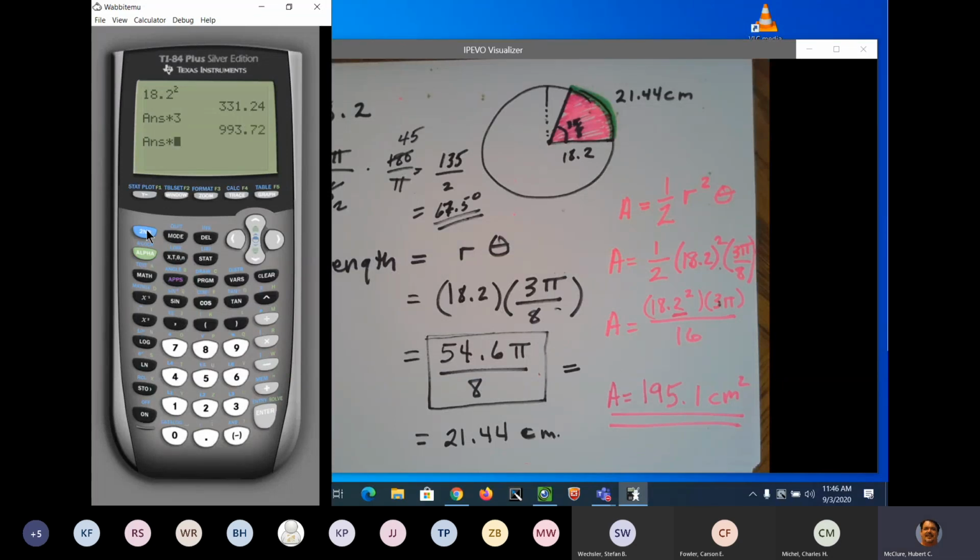Times second. I can't see it. Caret symbol. And that's my numerator. And just divide it by 16.